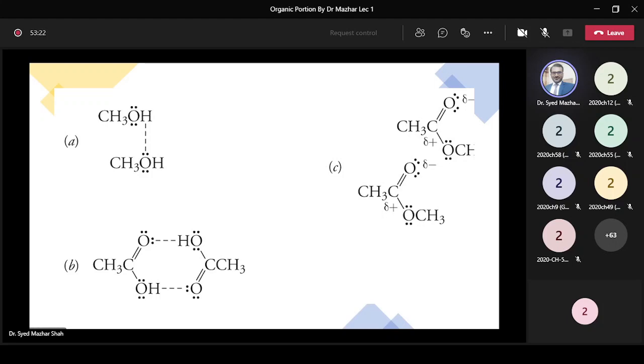Fluorine. Okay. Nitrogen. Okay. Sulfur. Nitrogen. See the difference, the definition or the basics of hydrogen bonding is that there is a very large difference of electronegativity between these elements, and we know that hydrogen has the lowest electronegativity. Am I right?